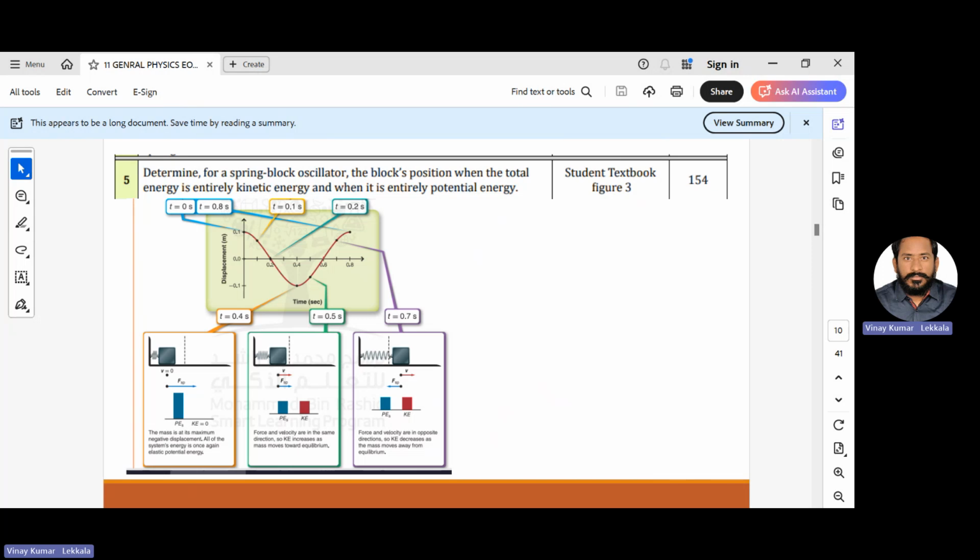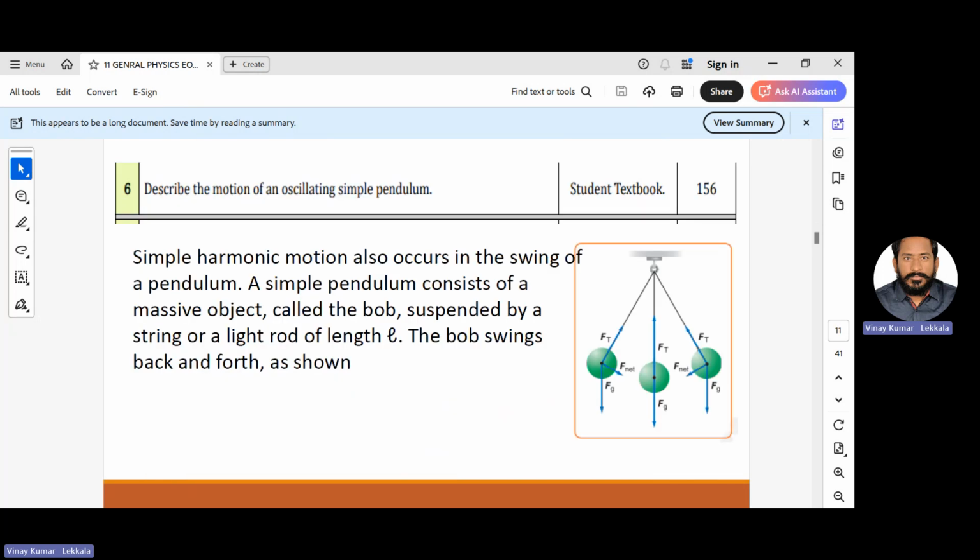This is also the spring block oscillator, showing the energy it possesses at different positions and times. Next, coming to the simple pendulum, which also comes under the periodic motion concept. A simple pendulum exhibits periodic motion to and fro, which is also simple harmonic motion. It is used to measure the time period of the bob.